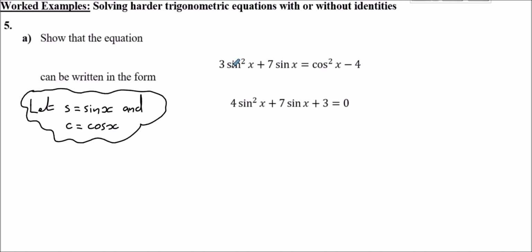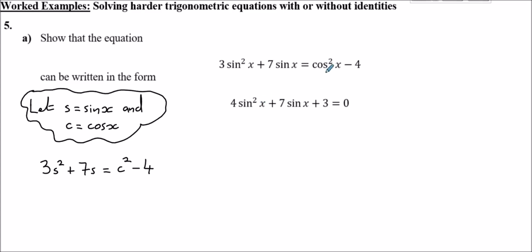So we start off with this one. So this one written in this shorthand way, which is absolutely fine. The examiner will not mind this at all. It's going to be 3 lots of s squared plus 7s equals c squared minus 4. Now again, a big clue here is we've gone from 2 different trig functions, sine and cos, and reduced it down to just being in terms of sine and sine squared.